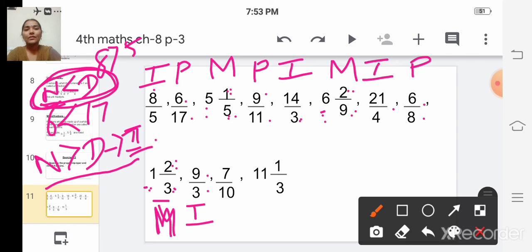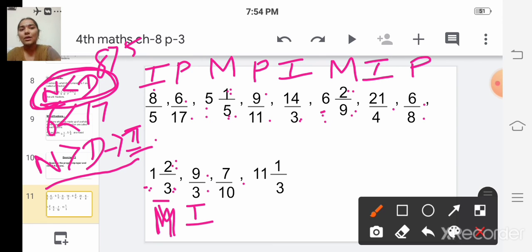And look at the next fraction, 7 divided by 10. Compare numerator and denominator. 7 is less than 10. That means numerator is less than denominator. So it is a proper fraction.